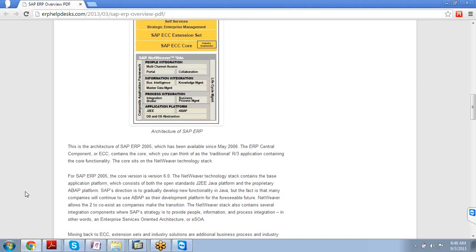The third one is mobile infrastructure. Mobile infrastructure. So SAP Mobile, you can also write it as SAP Mobile.